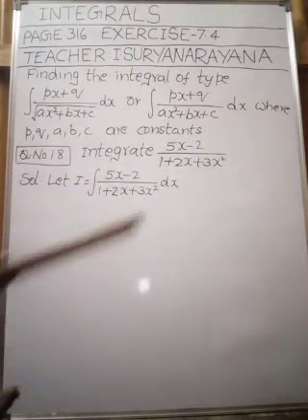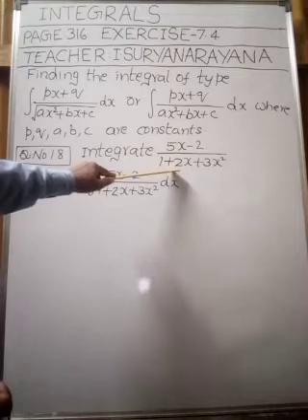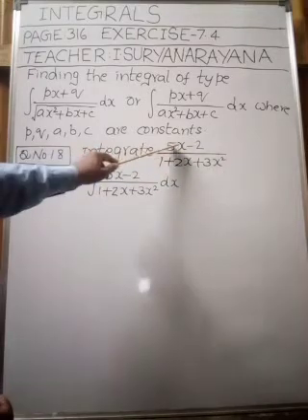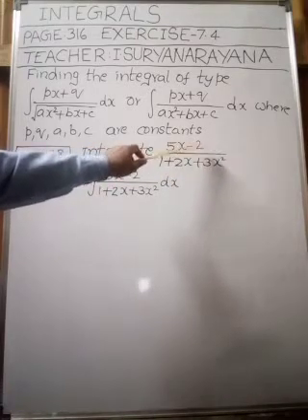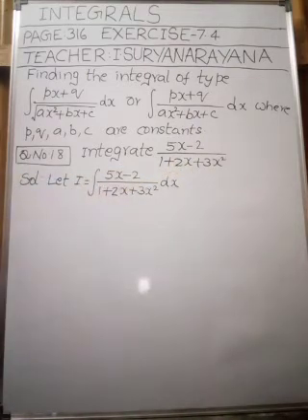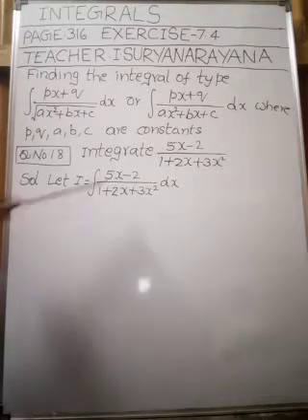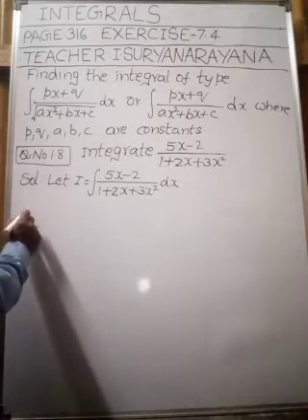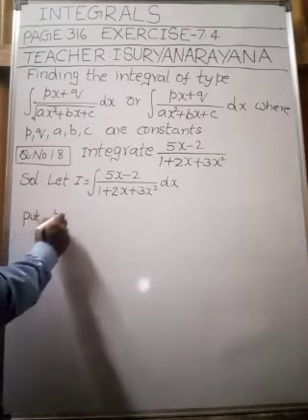If you observe this integrand, it is in the form of px plus q, a linear expression in x in the numerator, divided by a quadratic expression in the denominator. In this case, the first step is to take the numerator. What is the numerator here? 5x minus 2.